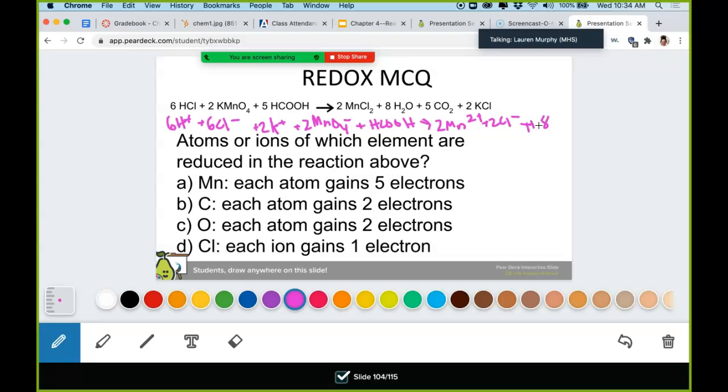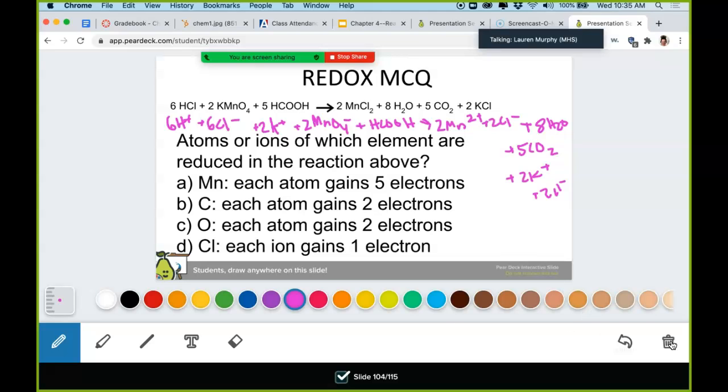You don't get to break apart water, and you don't get to break apart gases, carbon dioxide, and then 2 potassium ions, and then 2 chloride ions. Questions so far? What they've done is they've not done this. So it's harder to see who's being reduced and who's being oxidized, because this is a complete molecular equation as opposed to a net ionic equation.